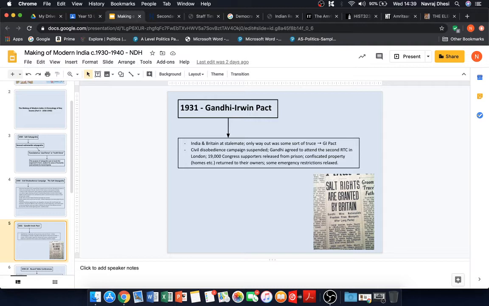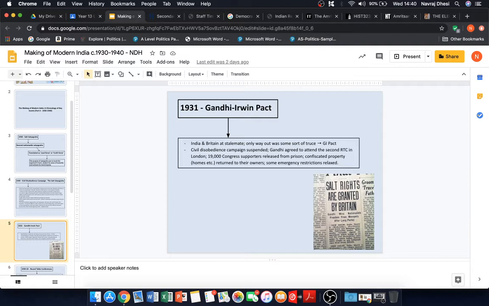Now, importantly, Gandhi had outlined many different terms which he presented to Viceroy Irwin to get him to suspend the civil disobedience movement. But Viceroy Irwin only really conceded to some of these conditions from Gandhi.